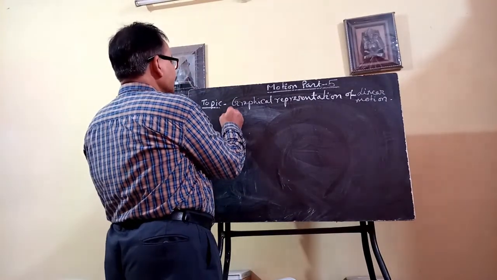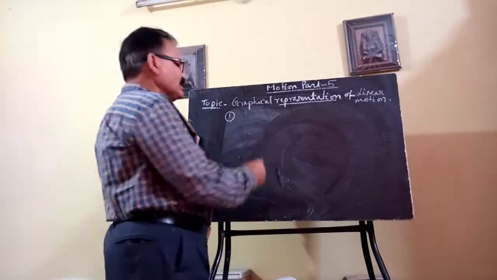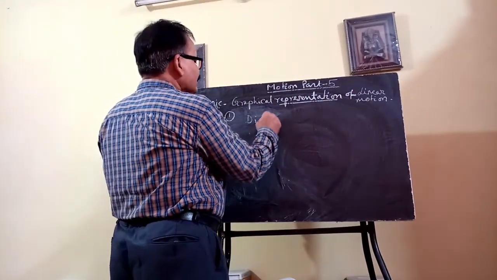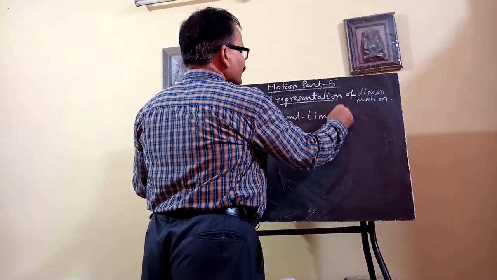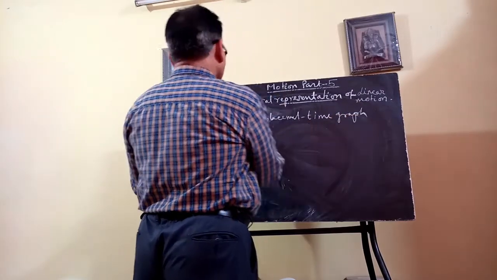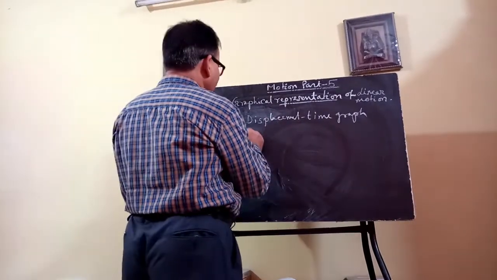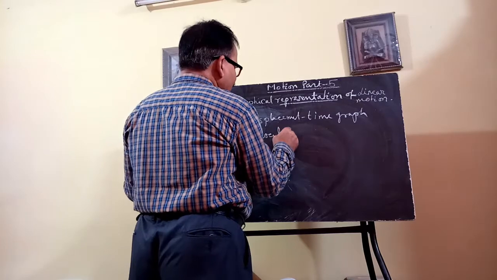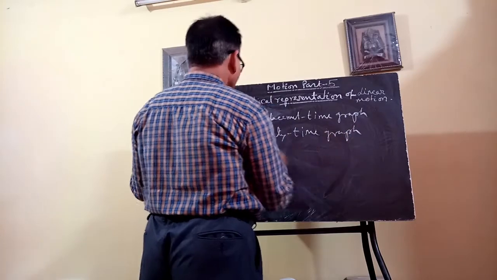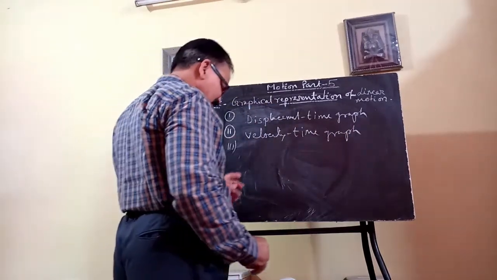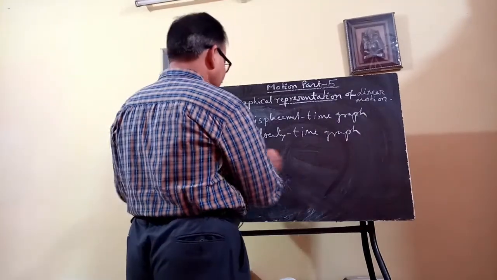Here you can represent the linear motion in terms of a displacement time graph, or in terms of a velocity time graph, or in terms of an acceleration time graph.